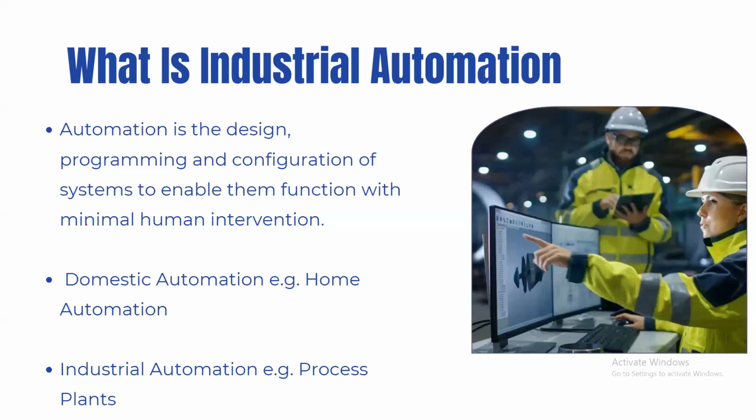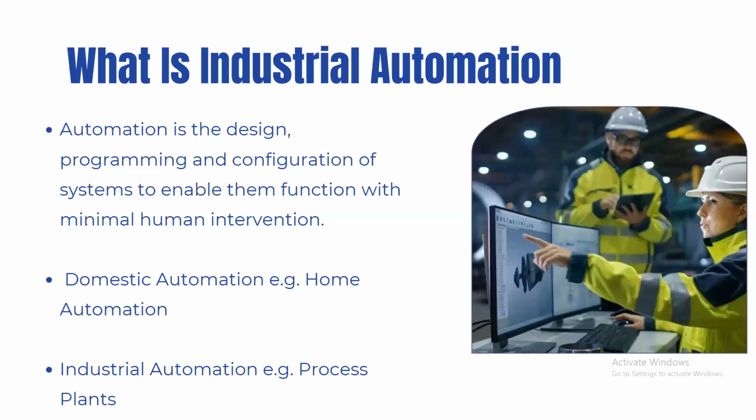Everything that goes into designing that process, controlling it, and visualizing it is the entire scope of automation. Automation is also changing because we are having IoT and a bunch of other things which I would not really want to go into today.